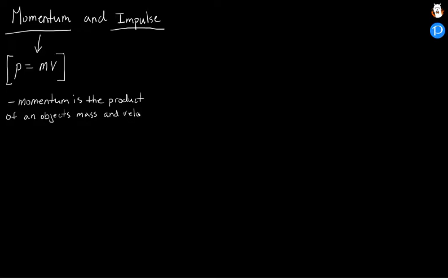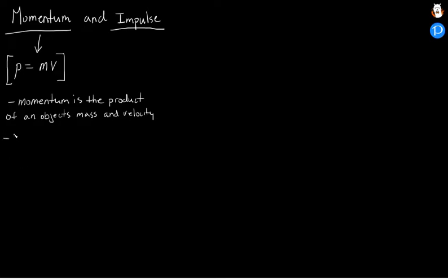Simple as that. Now, if you have something that is traveling at a constant velocity, and we're going to assume that if we're dealing with just a singular object, the mass most likely isn't changing. So if the mass is staying constant and the velocity is constant, that means the momentum is staying the same.